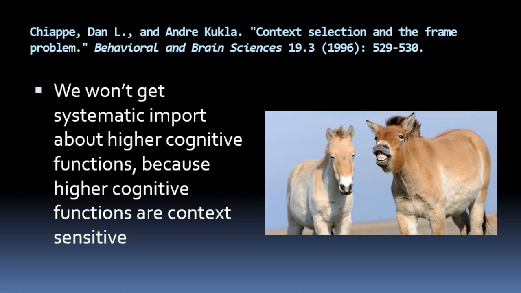So this argument seems to assume that the job of understanding higher cognitive functions is to find some pre-specified set of properties that an intelligent agent has. Whereas maybe the job of a theory of cognition is rather to describe the ways that various interplays of constraints bring about intelligence.